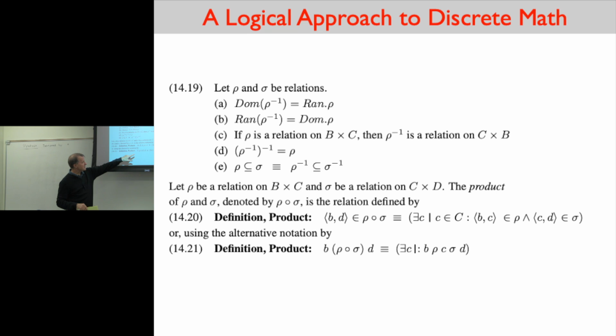So what that is equivalent to is there exists a C, an element of big C, so that's just giving the type of C, such that BC is an element of row and CD is an element of sigma. So it's like C comes in between.